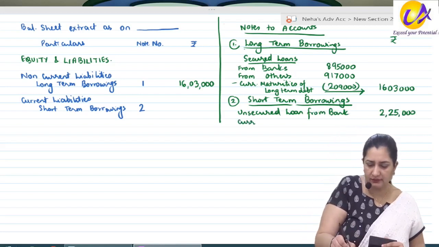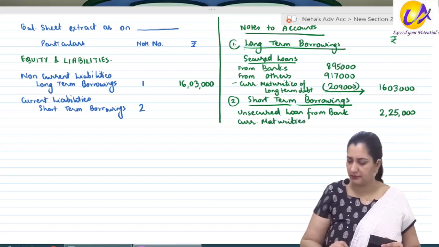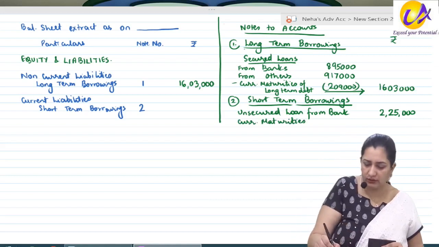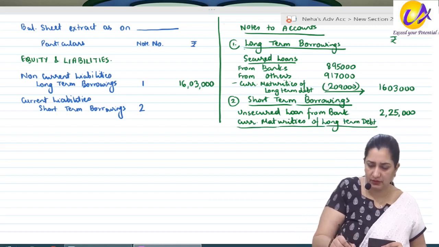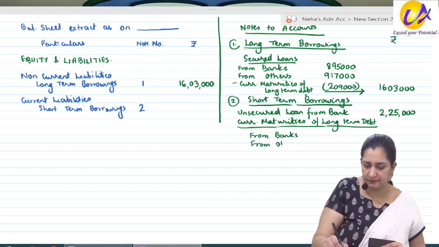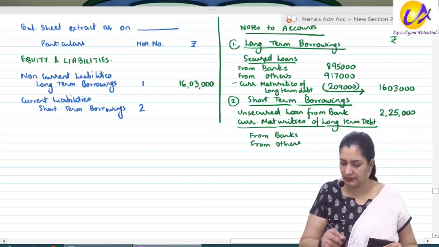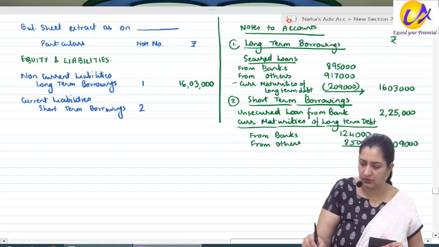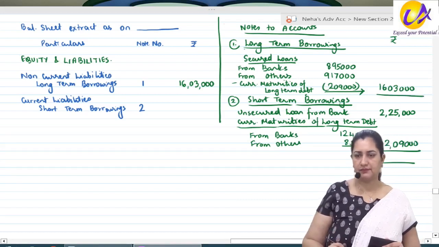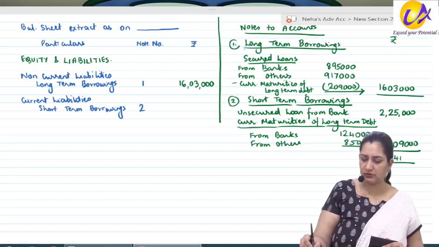And current maturities of long-term debt from banks, from others, 1,24,000 inner column, 85 and outer column 2,09,000. This total is 4,34,000.